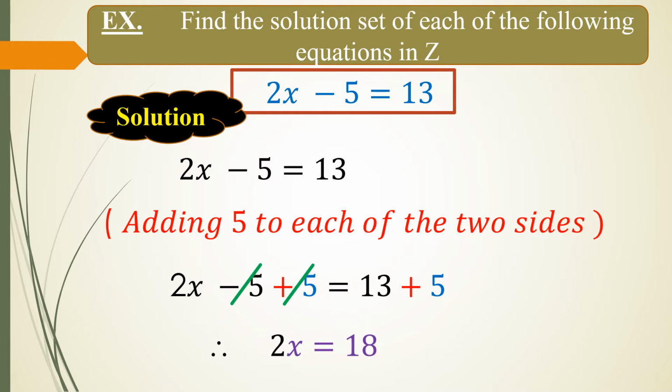Is this equation finished? No. Why? Because I have a number beside the variable x. And to solve the equation, I want the variable only on one side, and on the other side, I want the constant only. Okay? So we will complete this example.